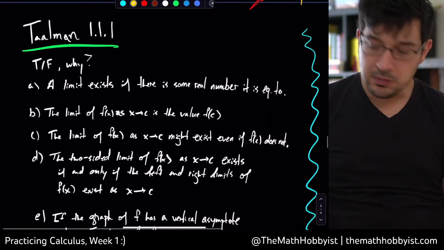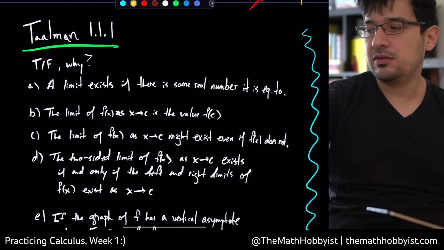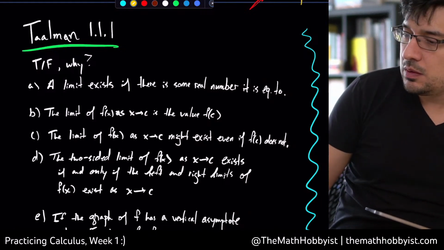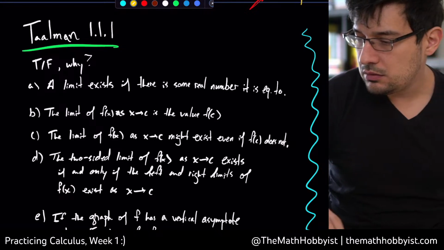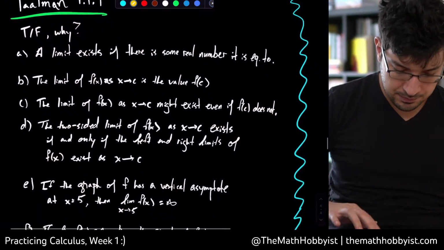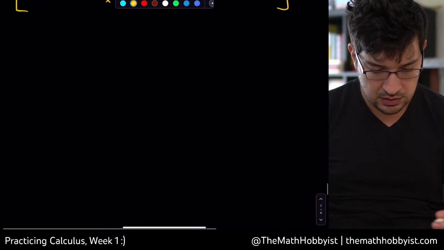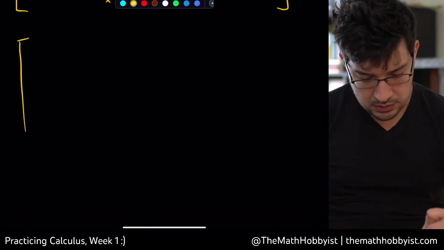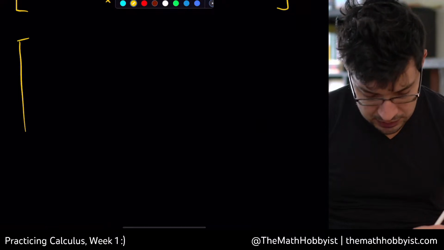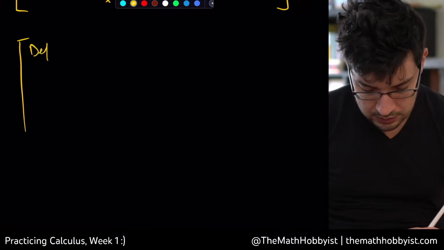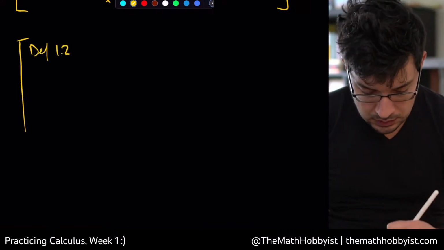All right, Taalman 111. Let's get into problem-solving mode. Before I do that, I'm just going to write down not the full definition at all, but just what definition 1.2 defines.